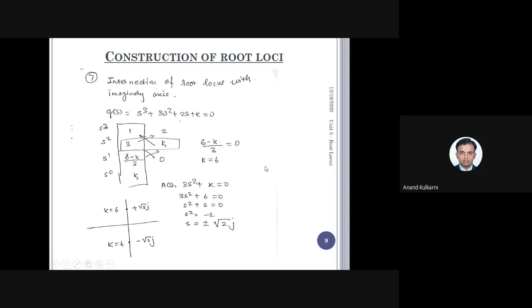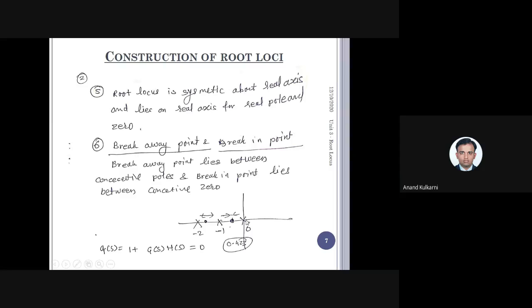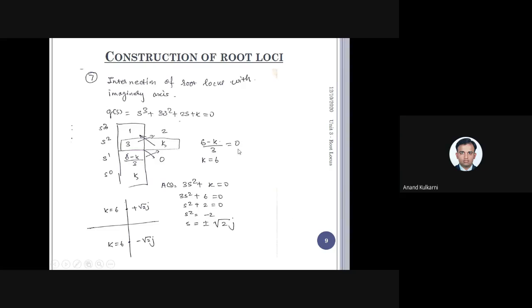When k is equal to 0, the root locus is on the imaginary axis only. Why? It is the starting point. So the starting point is on the imaginary axis only. When k is equal to 0, one of the roots is on the imaginary axis. So you get that idea: when k becomes equal to 0, it cuts the imaginary axis.